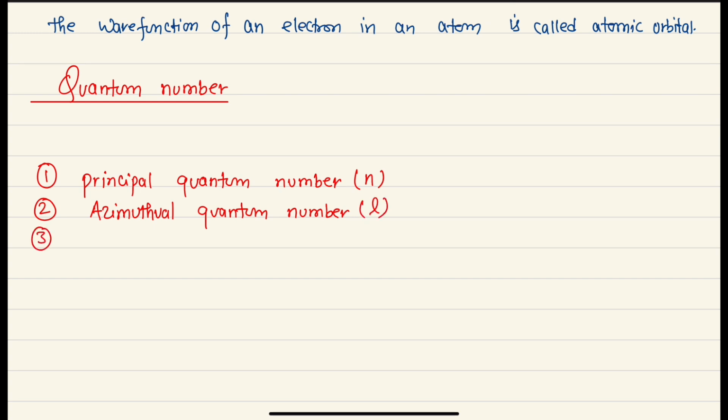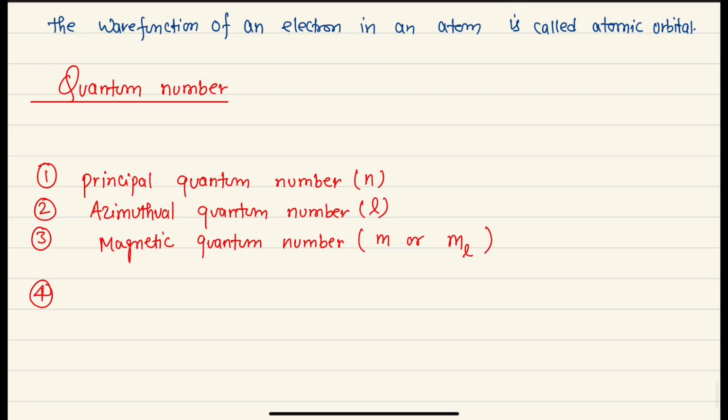The third quantum number is the magnetic quantum number, and this is denoted by a small m, or you can denote it by m with a small l in the subscript. Both are the same thing.